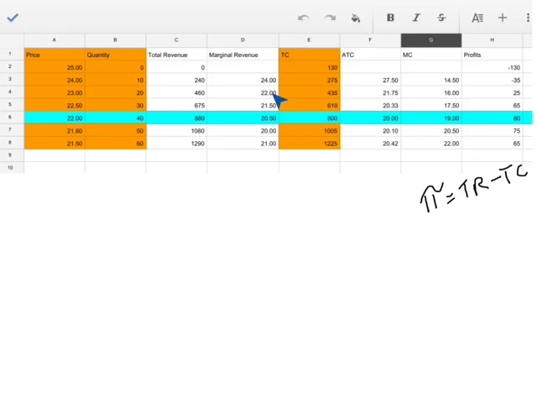The next increment up, going from 10 to 20, we're getting $22 a unit. It's costing us $16 for those last units. That's a good deal. Do I increase to 30? $21.50. Marginal revenue is greater than marginal cost, $17.50. Yeah, I'll make that deal.